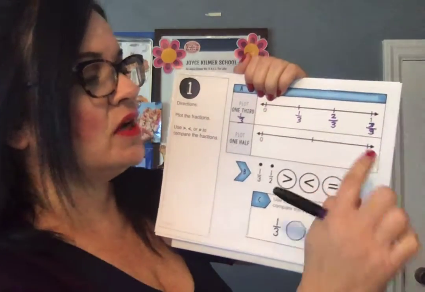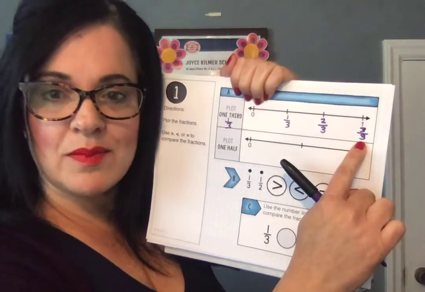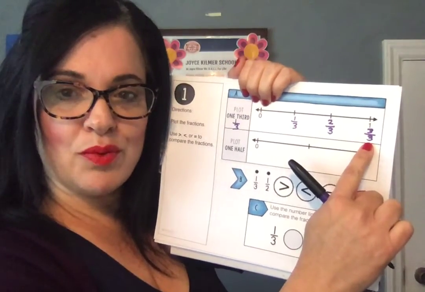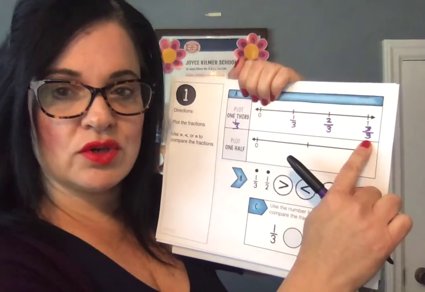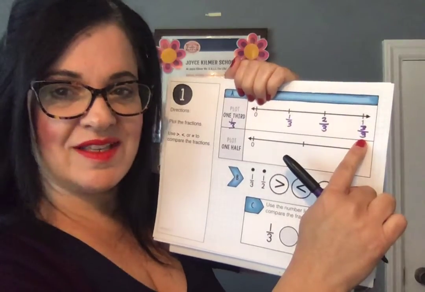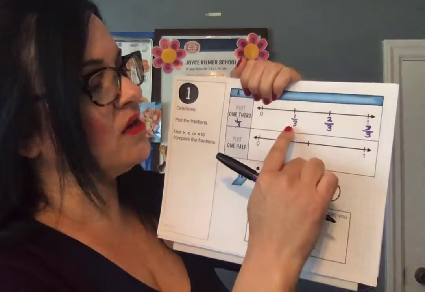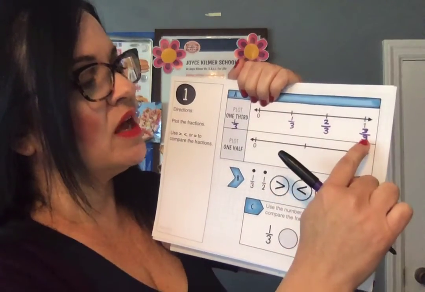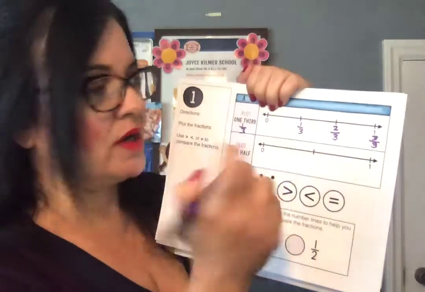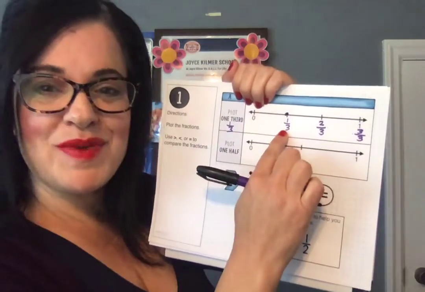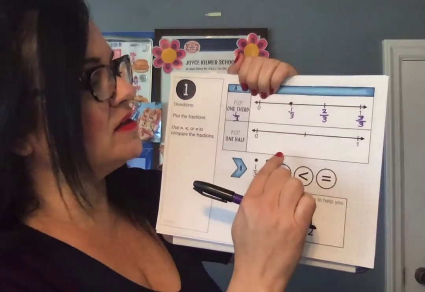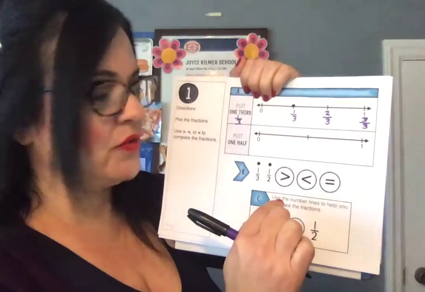Remember, anytime you have a numerator and denominator that is the same number, the number is 1. Since we're counting in thirds, 1 in this case is 3/3. So we have 1/3, 2/3, 3/3, which is 1. Okay, so I'm just going to plot that point. You will not be able to plot 1/3 yourself, but you know that that point is 1/3.